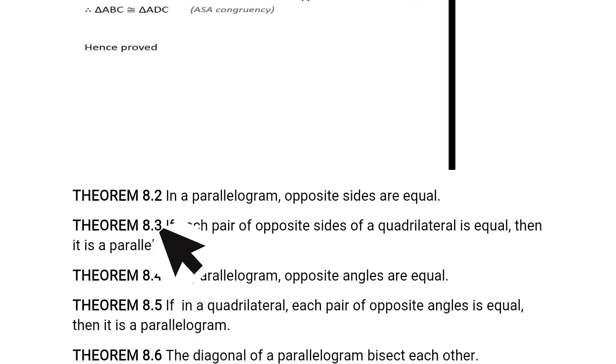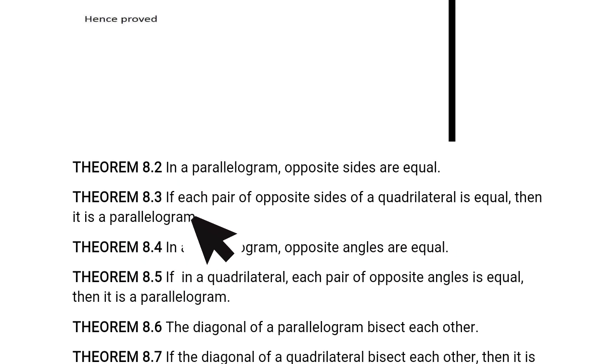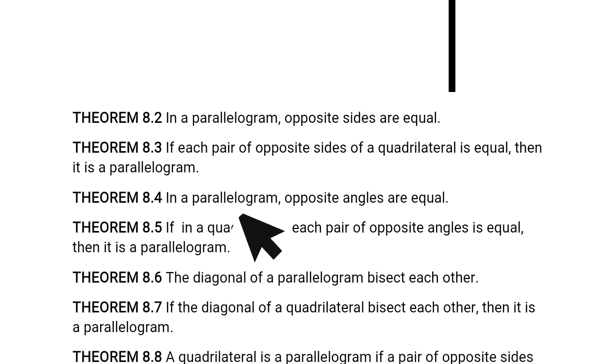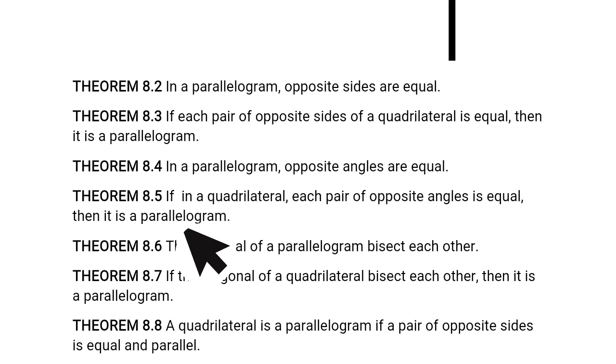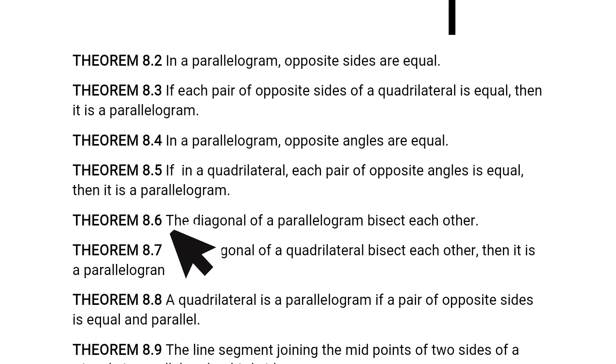These are the rest of the theorems. 8.2: in a parallelogram opposite sides are equal. 8.3: if each pair of opposite sides of a quadrilateral is equal, then it is a parallelogram. It means theorems 8.2 and 8.3 are converses of each other. In a parallelogram, opposite angles are equal. If in a quadrilateral each pair of opposite angles is equal, then it is a parallelogram.